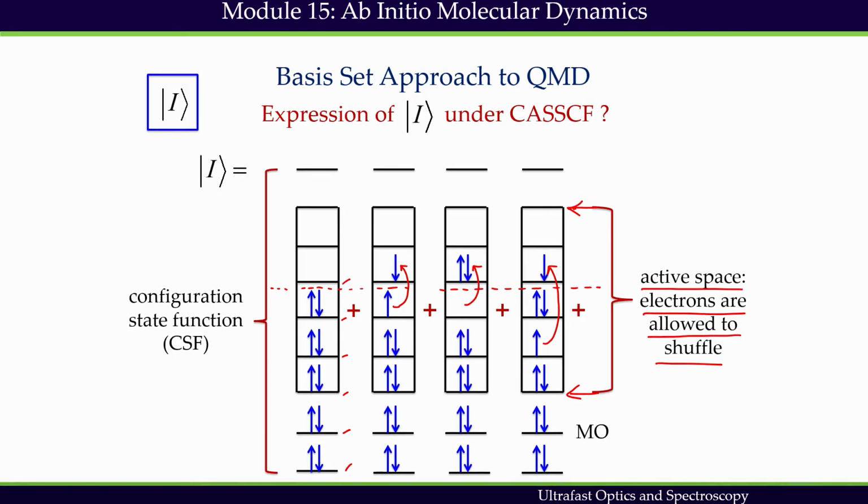Then none of the electrons from low-lying states, from here to here, this kind of electronic excitation, or this kind of electronic excitation, will be allowed. Only electronic excitations, creating different configurations, within this box are allowed. The remaining electrons remain frozen, not contributing to the electronic excitations. So this is all about the CAS-SCF procedure.